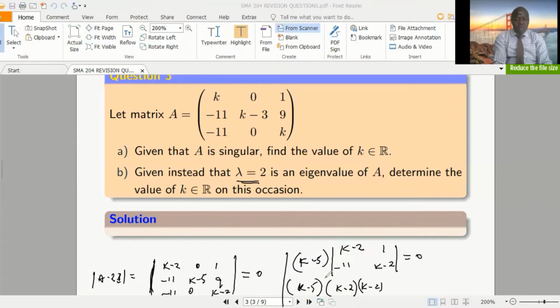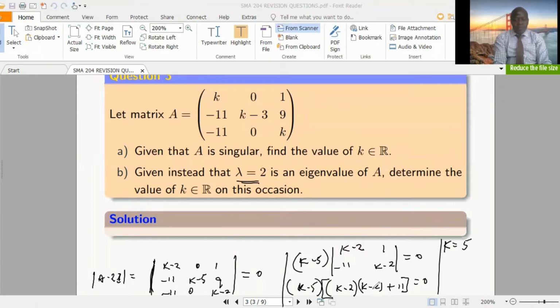Let me just put this other bracket here to separate these two. And then minus this product, which means plus 11. Close our bracket and equal to 0. So when you simplify this, you will find that K will be 5.